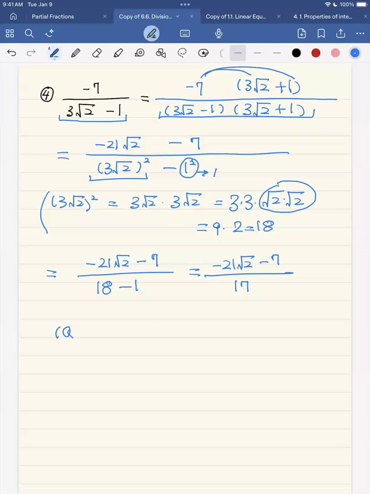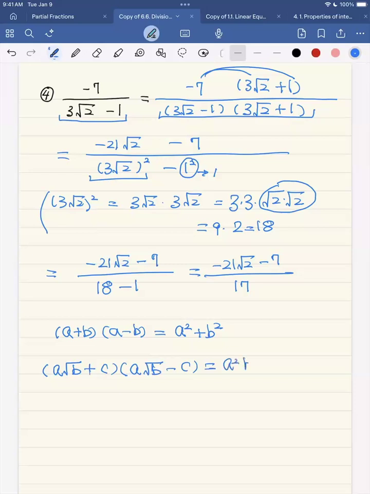Again, what did I use? A plus B times A minus B equals A squared minus B squared. In this situation, what you can say is A square root of B plus C times A square root of B minus C is A squared B minus C squared.